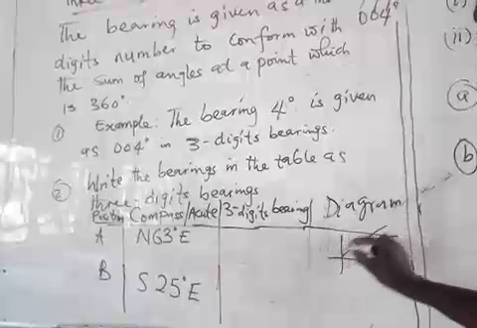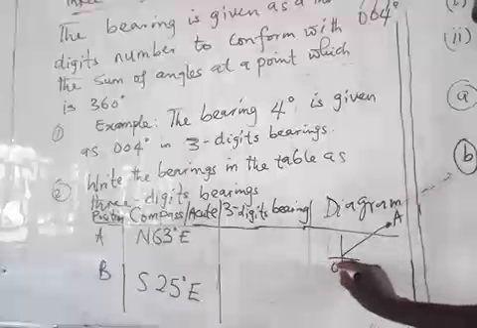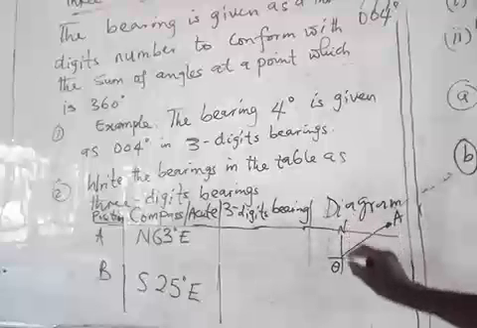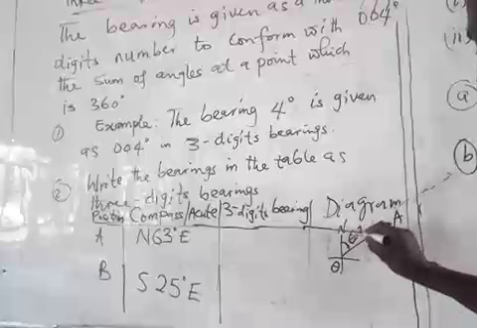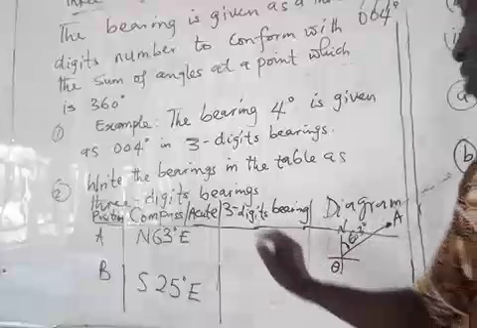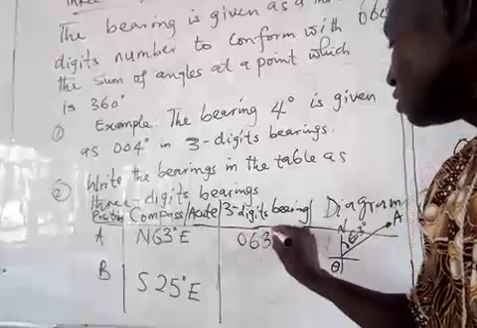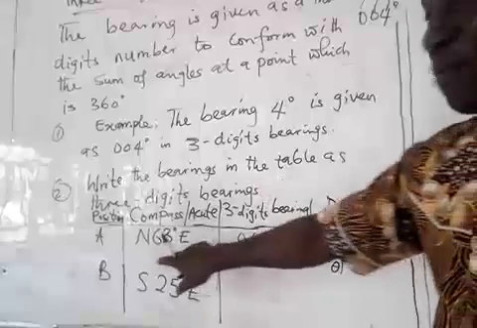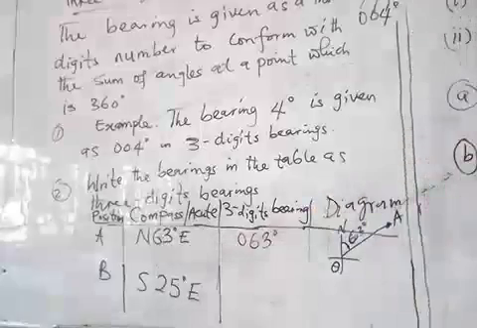It means this position is located here, A. Let's call the origin, the point of reference O. And when you turn from the north this way, this is 63 degrees. So, for you to state this as a three-digit bearing, it will be 063 degrees.